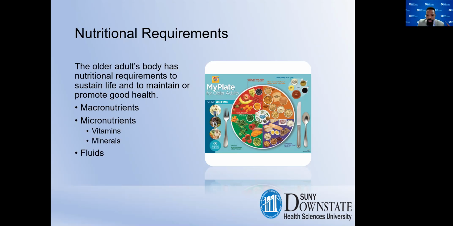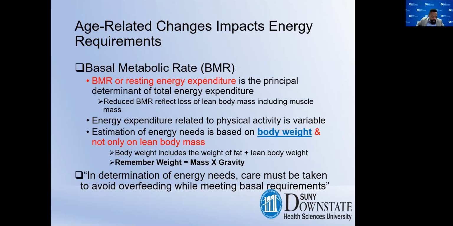My Plate is sort of a modified food pyramid for older adults. It has recommendations as far as the proportions of macronutrients, micronutrients and fluids recommended for healthy intake.